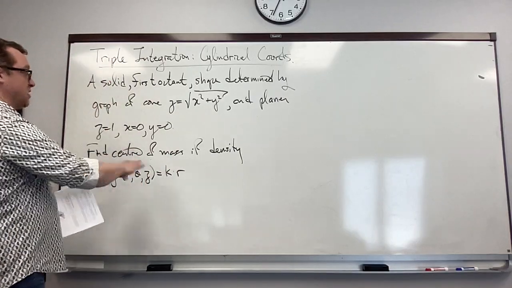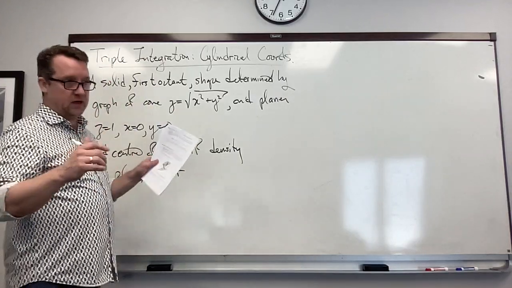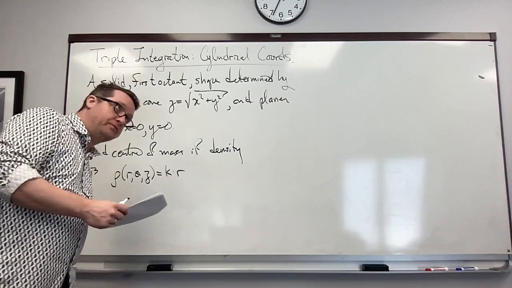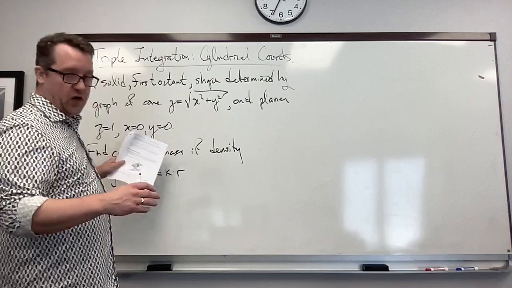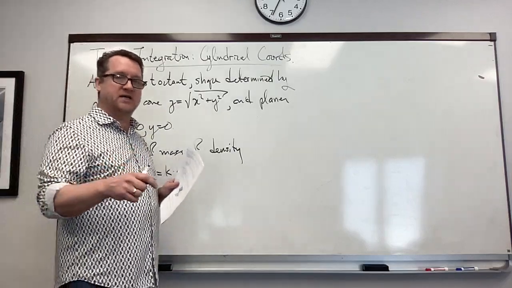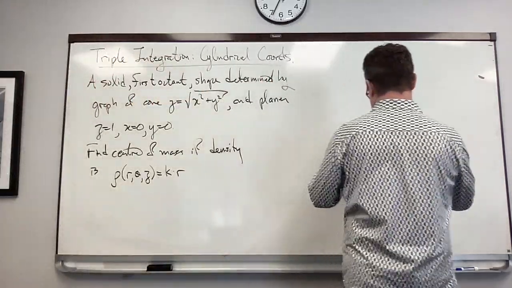I've got this crazy surface, so now we're going to integrate out and find the center of mass here. Now, remember, first thing I'm going to do is let's just draw this volume, and then we'll remind ourselves what a center of mass calculation looks like. So I'm going to draw it up here, and I'll leave it up here.